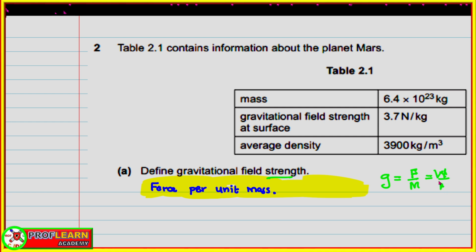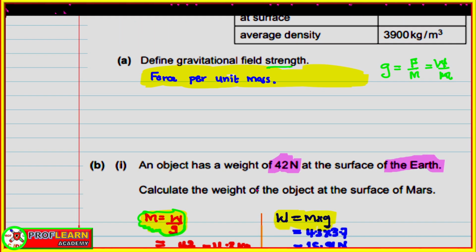So that's why we're saying force per unit of mass. Now, if you're told to define that, that's exactly what you ought to say: force per unit mass experienced by an object which is in a gravitational field.